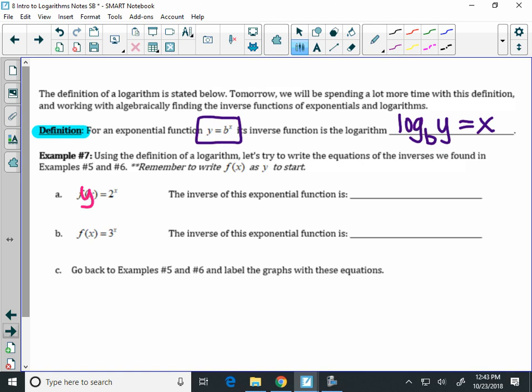The inverse of this y equals 2 to the x that we found is going to be log. Now up here in the definition, I had base b. b was the base of the exponential.